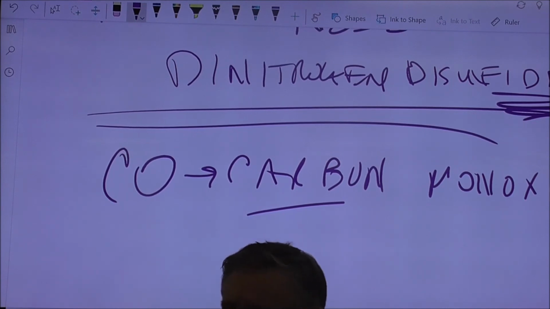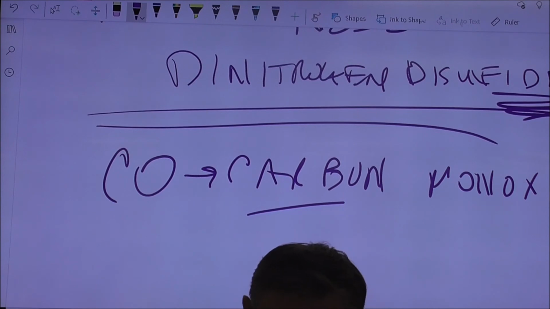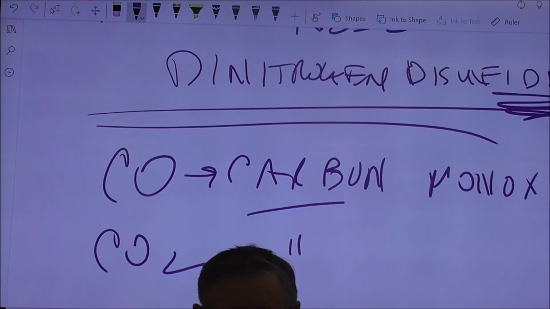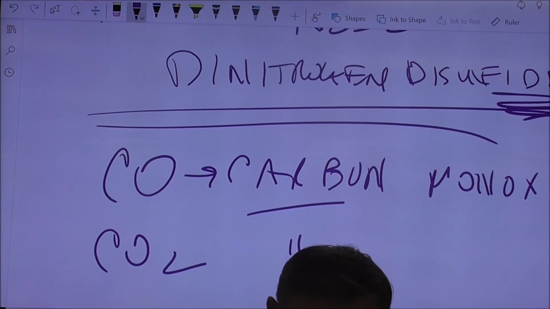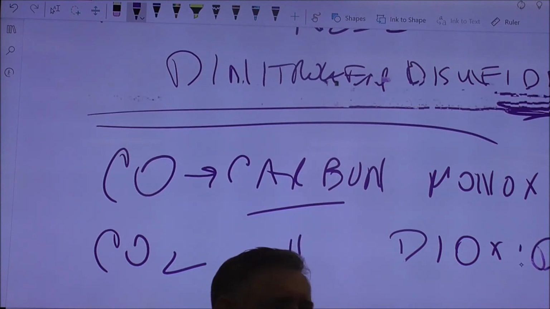Oh, carbon monoxide, cool. CO2, that's still going to be carbon, and then dioxide. Oh, okay, cool, got that one. Now, pick another one. Let's say, for example, you have N2O3. Oh, that's dinitrogen trioxide. So here's the pattern.